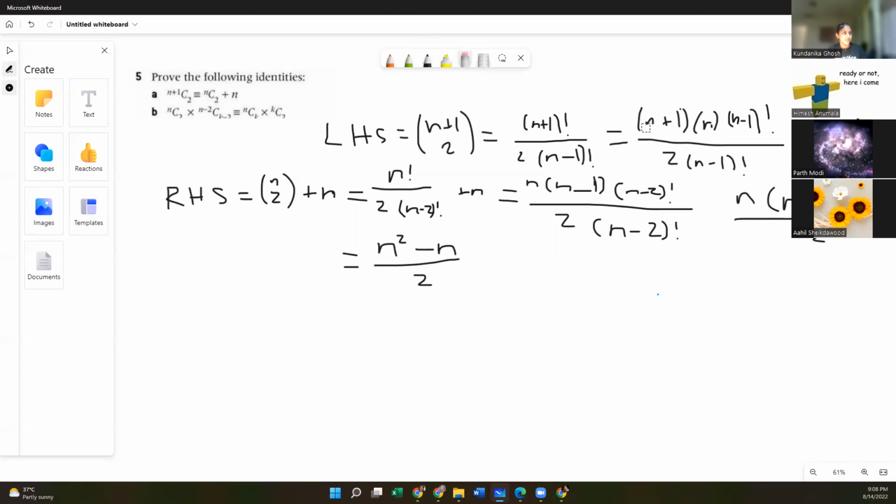There should be a plus n over here. Now, I want to get n into the numerator, so I want to multiply n by the denominator. So n times 2 is 2n, so this way I can have plus 2n on the top.